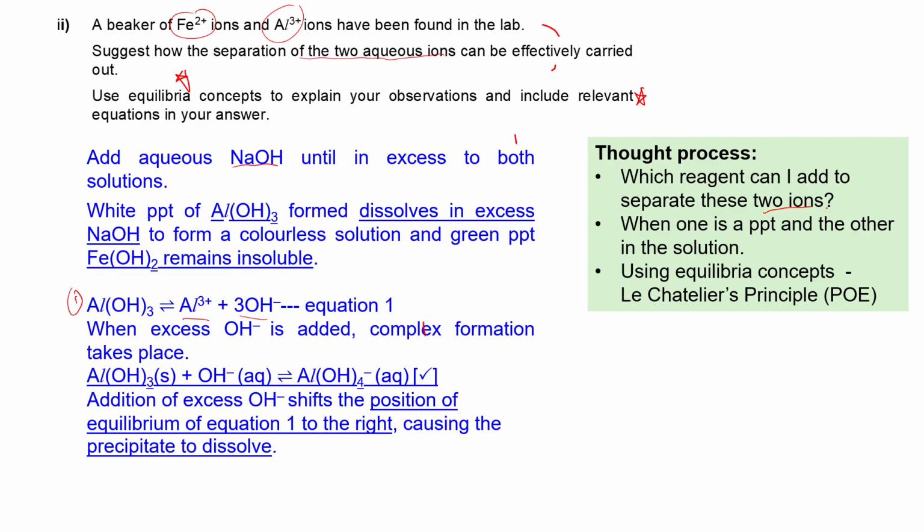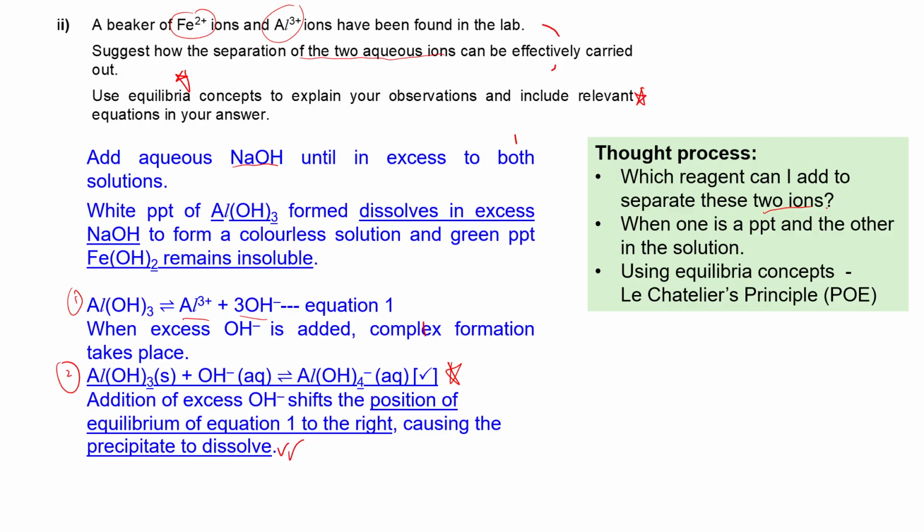This is equation 1. But when excess of OH minus is added, a complex formation takes place. So equation 2 is the one that warrants a tick. Okay, with excess of OH minus, it will form the complex Al(OH)4 minus. And this addition of excess of OH minus will shift the POE of equation 1 to the right. Alright, causing the precipitate to dissolve.